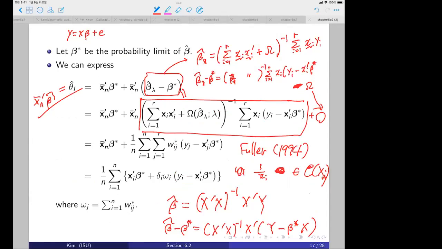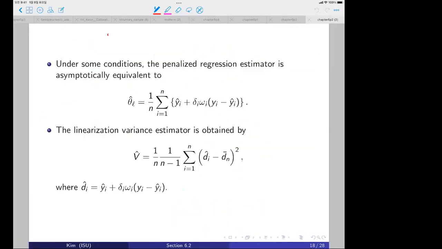So under this assumption, this is already a model for the propensity score, but we just do not need to estimate the propensity score. We just directly do the regression. So there are two approaches.